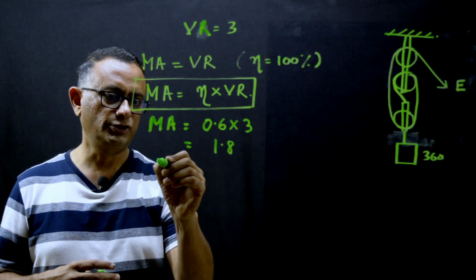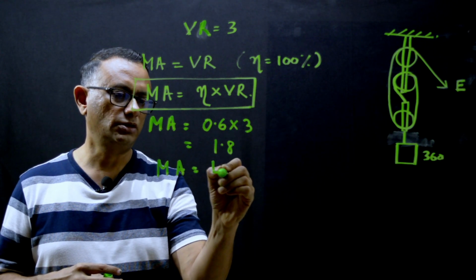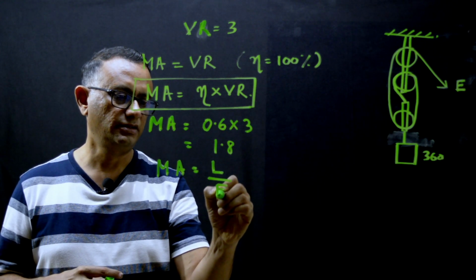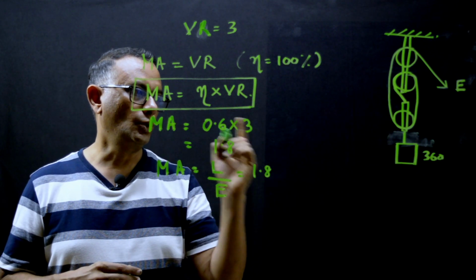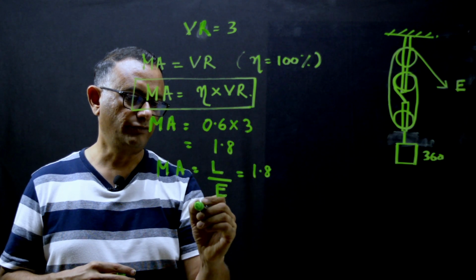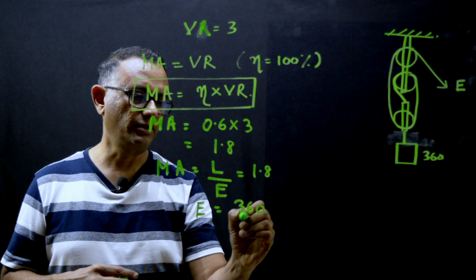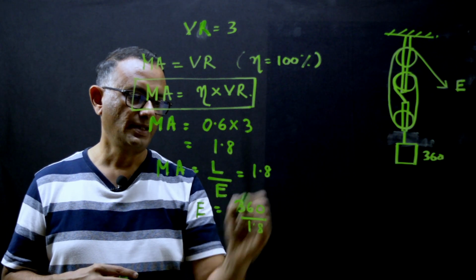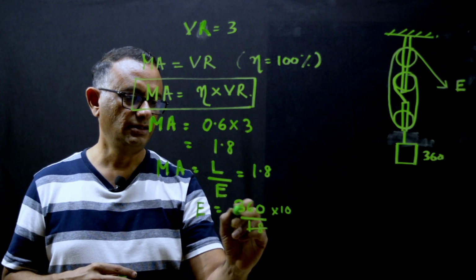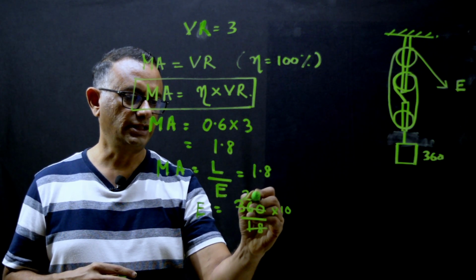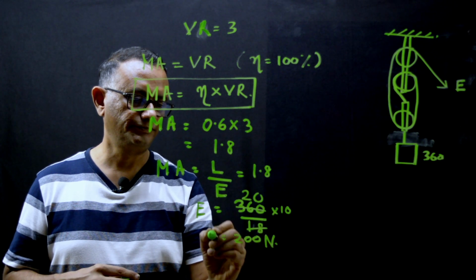Okay, so we can use the formula mechanical advantage is nothing but the load divided by the effort, and in our case this is 1.8. Load here is 360, therefore effort will be equal to 360 divided by 1.8. Okay, so if you multiply this with 10, this becomes 18, 18 2s and 0. So effort has to be 200 Newton.